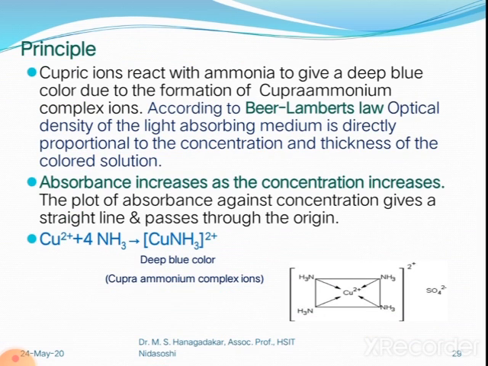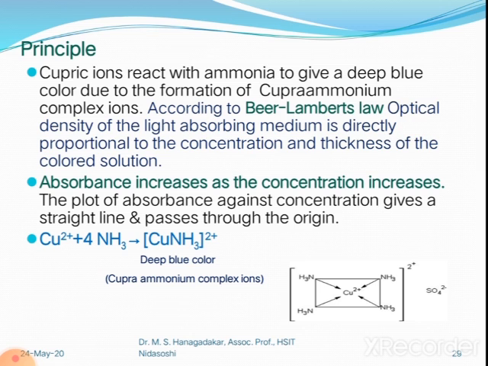Now let us discuss the important part of this method, the colorimetric estimation of copper. It is very important from the point of view of your exam. Let us begin with the principle. Cupric ions react with ammonia to give the deep blue colored cupra-ammonium complex.